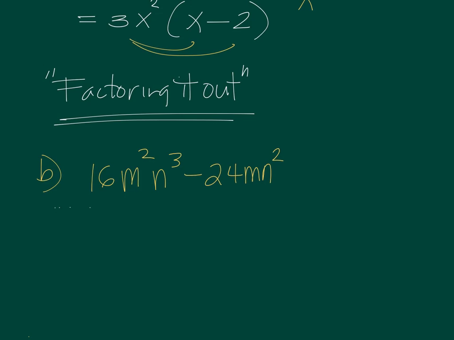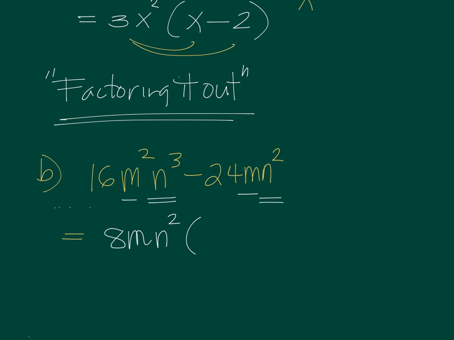So again, we look at the highest common factor for each term. We start with the numbers. For 16 and 24, the highest common factor is 8. For m squared and m, the highest common factor is m. And n cubed and n squared, the highest common factor is n squared.